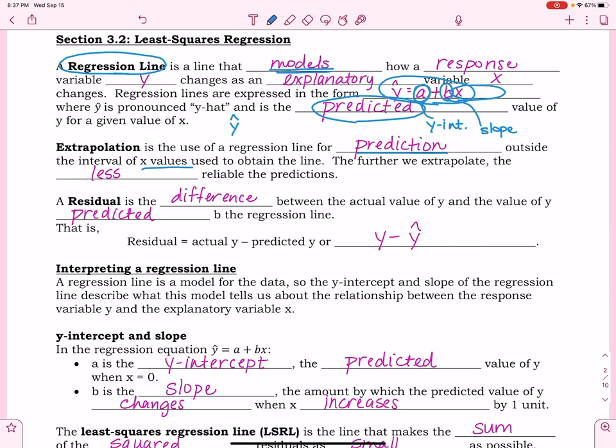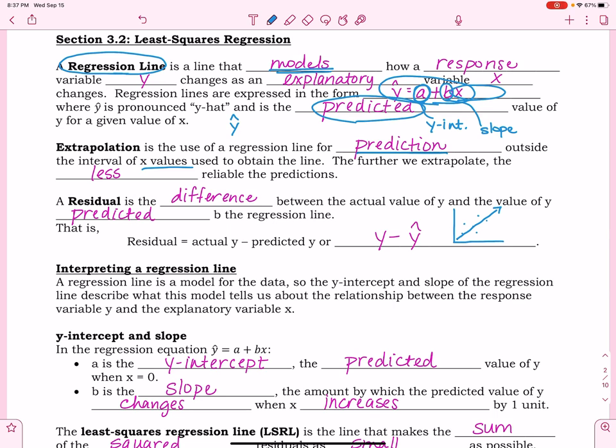So another idea we're going to talk about is a residual. A residual is the difference between your actual value of y and your predicted value of y. So let me give you an idea of what I mean by this. If we look at some ordered pairs, and let's say I create a regression line, I do my calculations, and I get something like that.